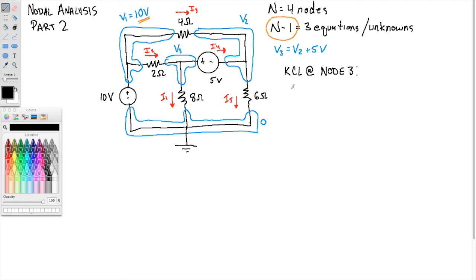At node 3, I have I2 entering, and I have I1 and I4 leaving. So this is what my KCL equation would look like.